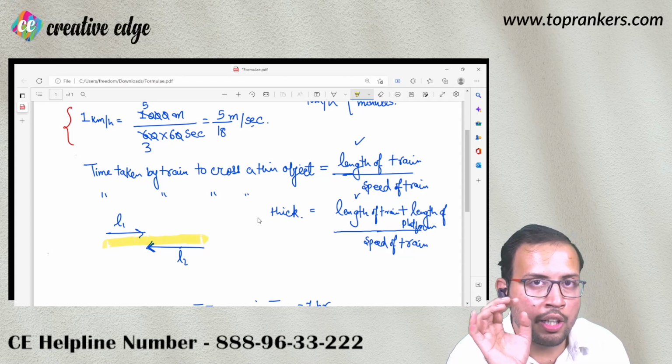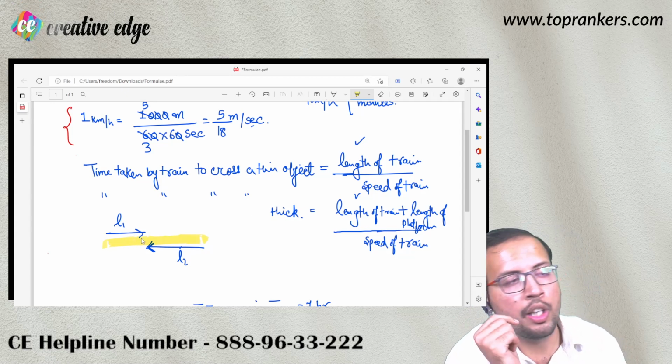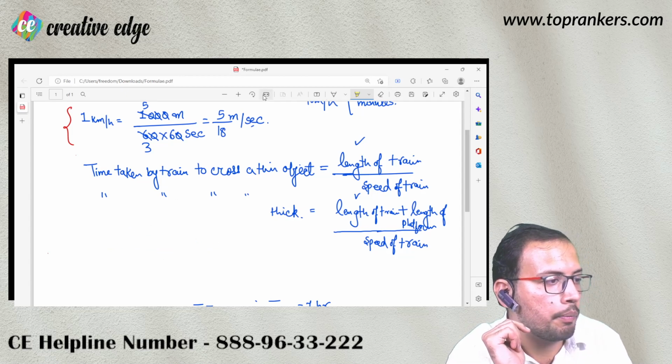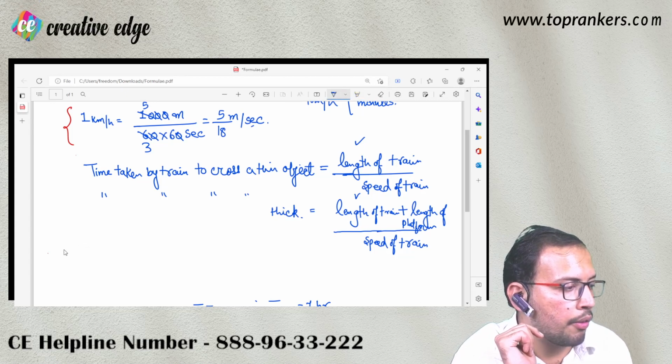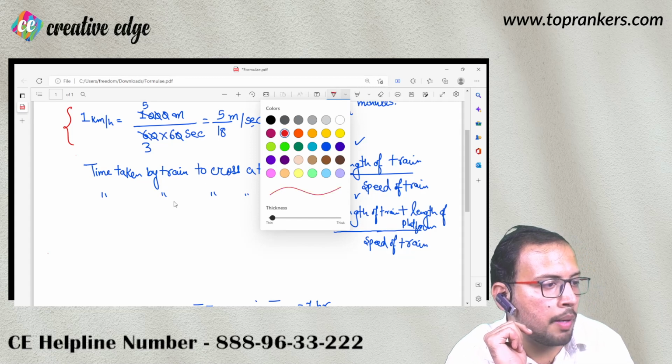तो अब यहां पर क्या करेंगे? If I wish to find out time taken by trains which are moving in opposite direction, so what my formula is going to be? Time, let me write down. So let me mark your formula.